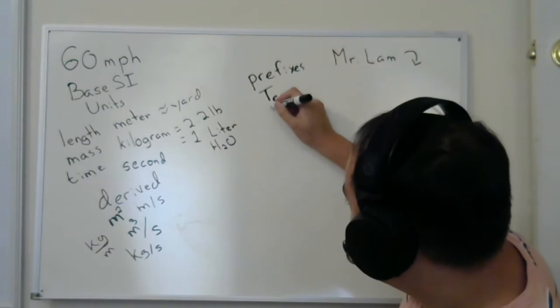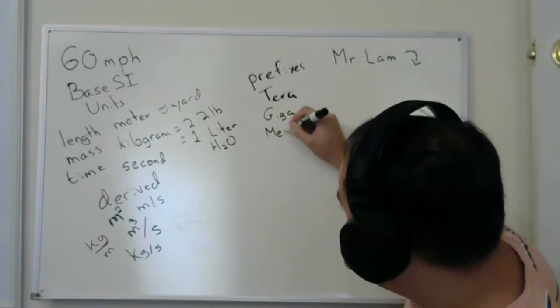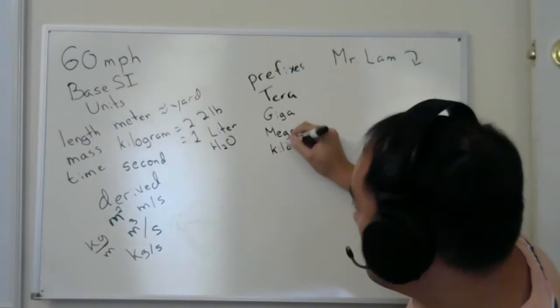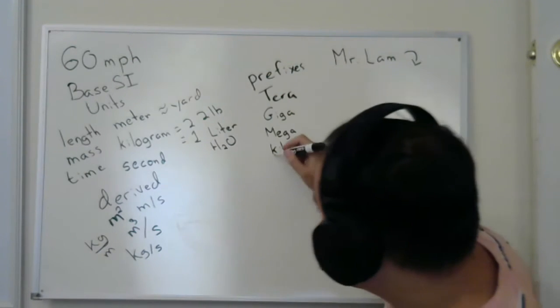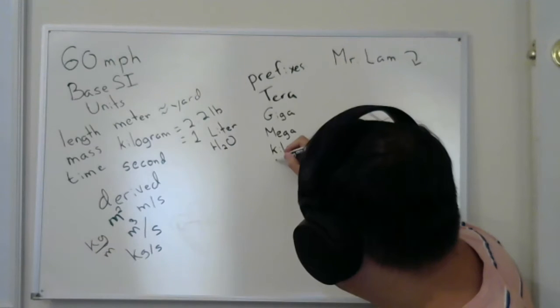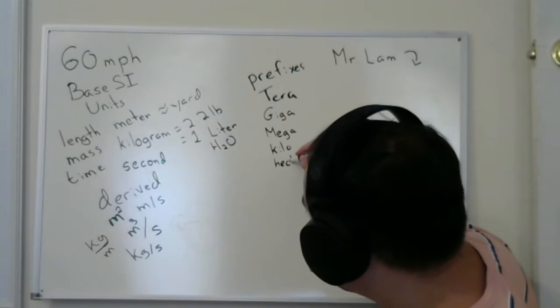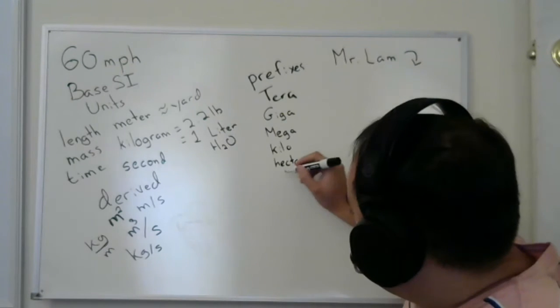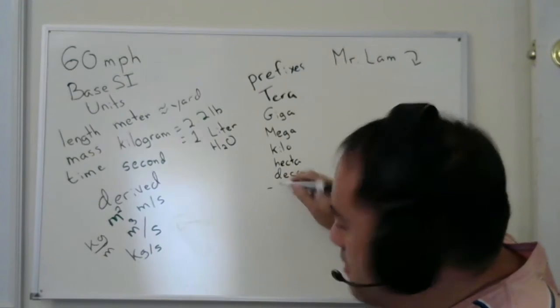They are tera, giga, mega, kilo. The case matters. Uppercase, lowercase. Kilo. What was it? Hecto or hecta or hect. Deca. Then no prefix.